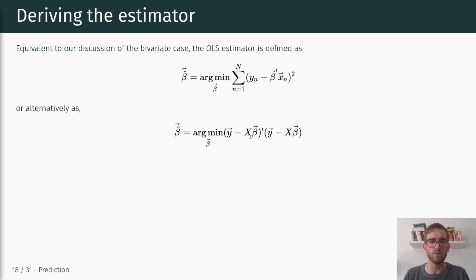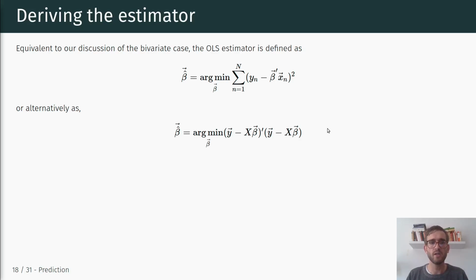We have a row vector times a column vector, so that means we're just multiplying each individual element and summing them all together. That's equivalent of taking the square of this term and summing them all for all observations, right? So it's the same equivalent specification, one using the vector notation and one using the matrix notation, right?